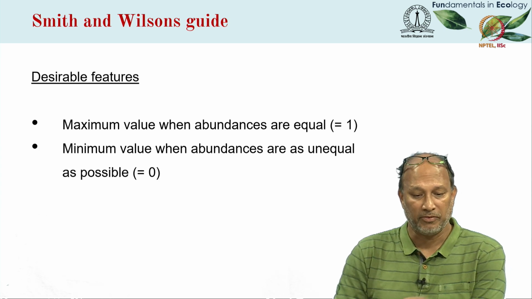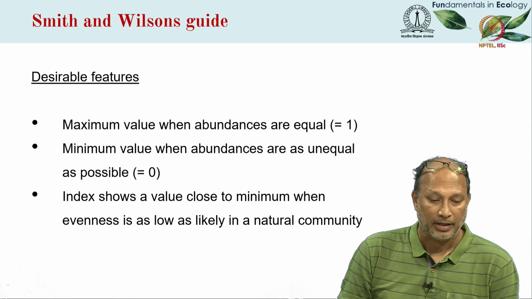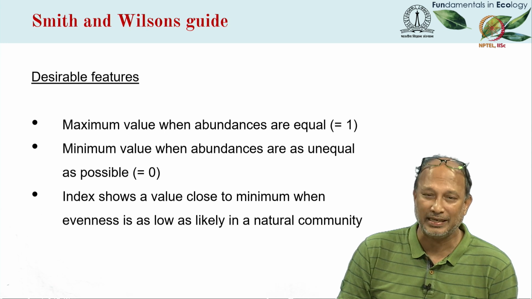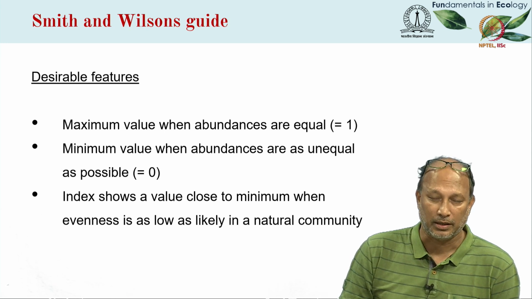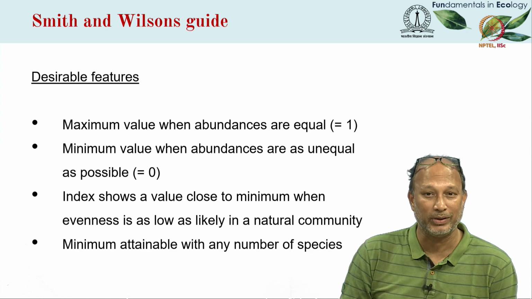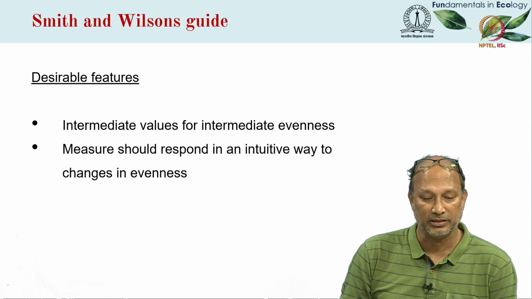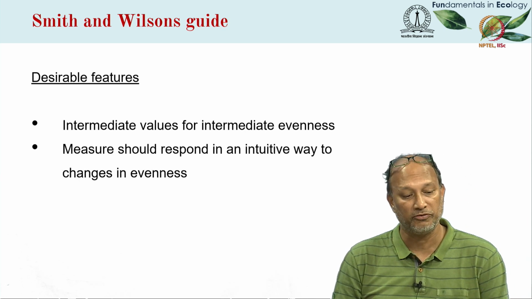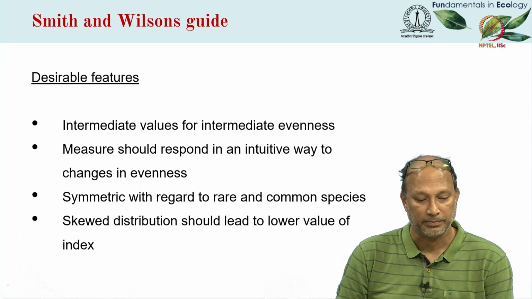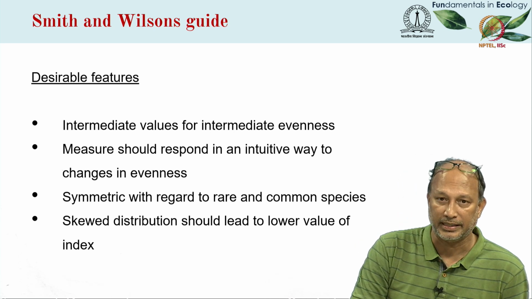They also put down a set of desirable features: that it should have a maximum value when abundances are equal, a minimum value when abundances are as unequal as possible, that the index shows a value close to minimum when evenness is as low as is likely in a natural community and not just a hypothetical extreme, and that minimum is attainable with any number of species, intermediate values for intermediate evenness, and the measure should respond in an intuitive way to changes in evenness, and that it's symmetric with regard to rare and common species, and skewed distributions should lead to lower values of the index.